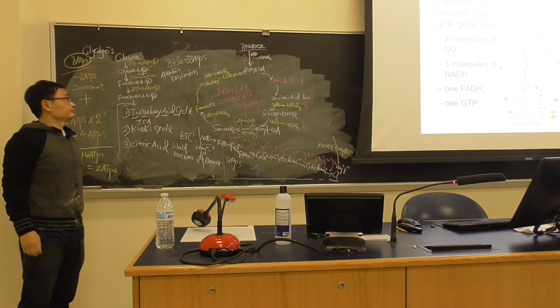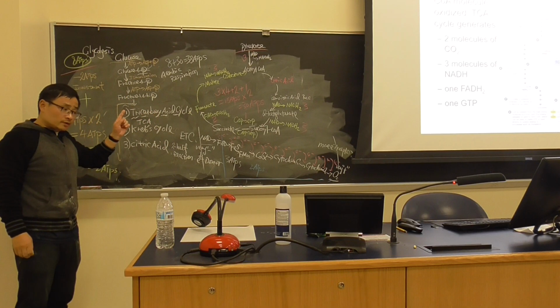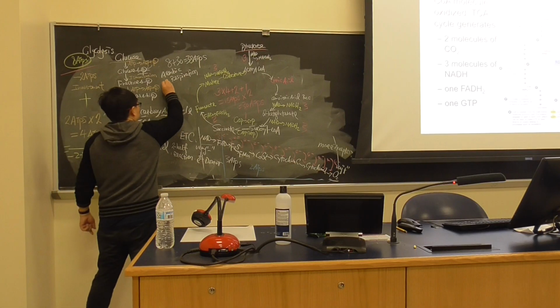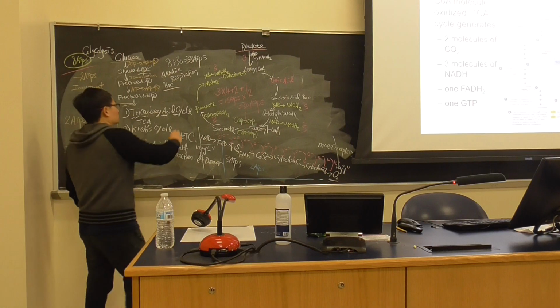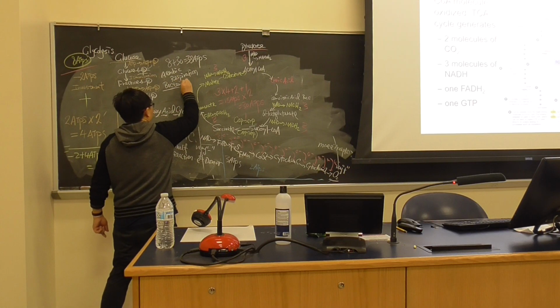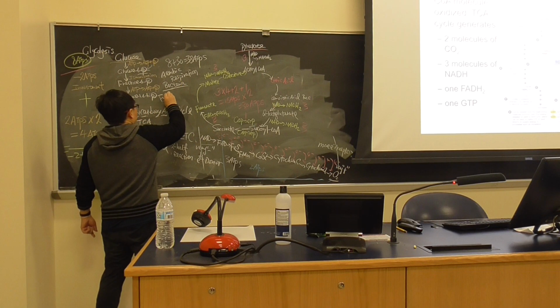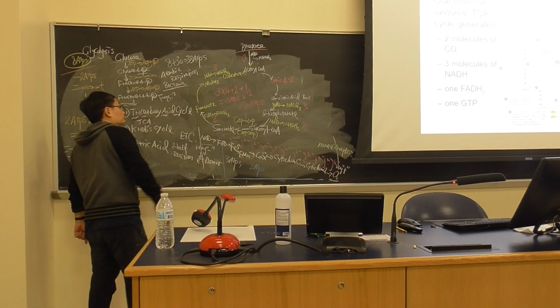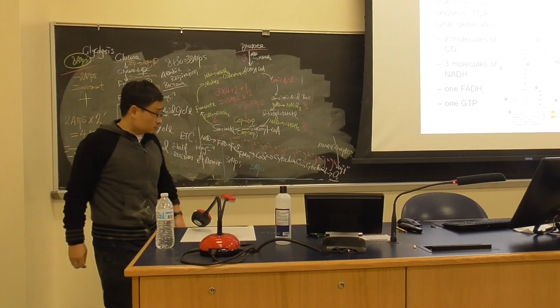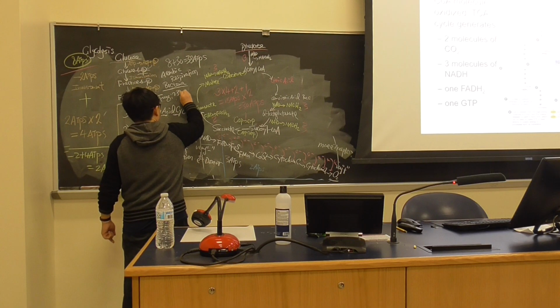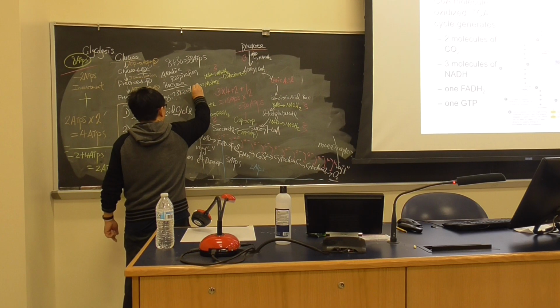Now be careful. When we talk about this, this is for bacteria. How about fungi? How many? It's 36. 38 minus 2 equals 36. Why?